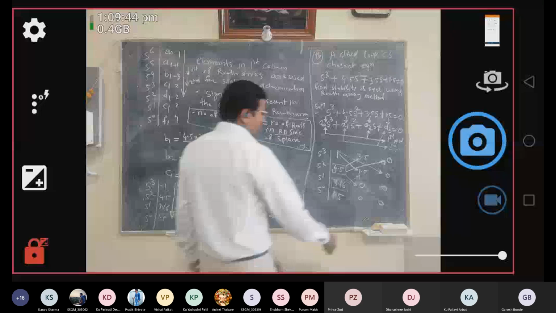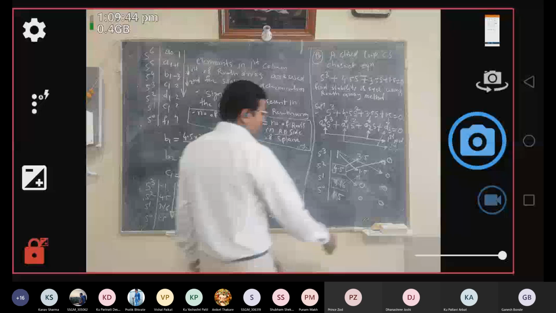So write down the standard form of the characteristic equation: a0 into S raised to 5 plus a1 into S raised to 4, a2 S cube plus a3 S square plus a4 S plus a5, which is equal to 0.